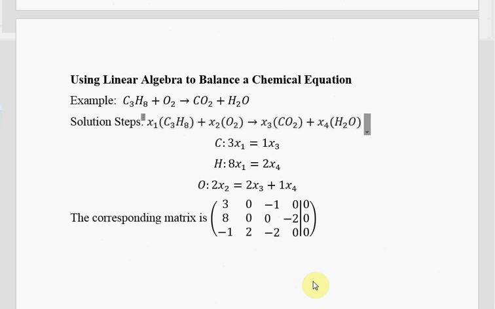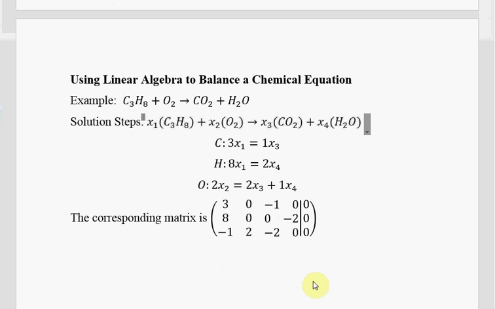Now, we take the elements from each one. We've got carbon, hydrogen, and oxygen operating here. I take carbon and look at its left side and right side. What's going in and what's coming out has to be equal, so it's still using that same idea that the system must be conserved.